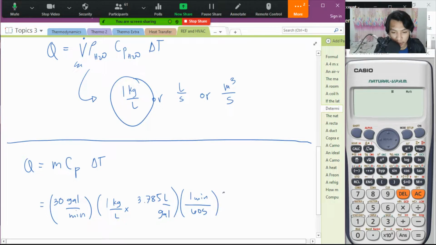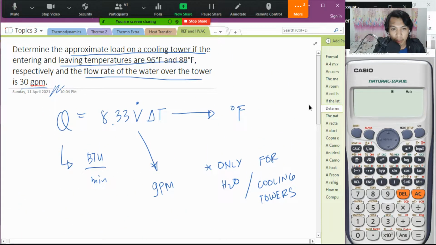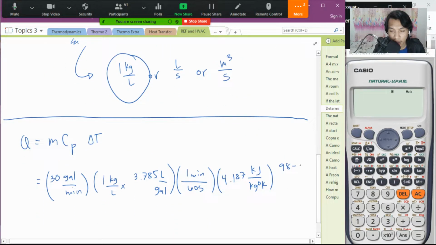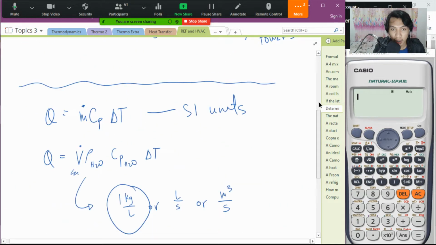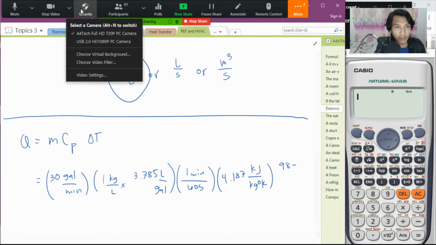Cp ng water, 4.187 kilojoules per kilogram degree Kelvin. Ang haba, di ba? Naka-degree Fahrenheit ka dito. So 98 minus 88, ay, 96 minus 88 pala. 96 minus 88.